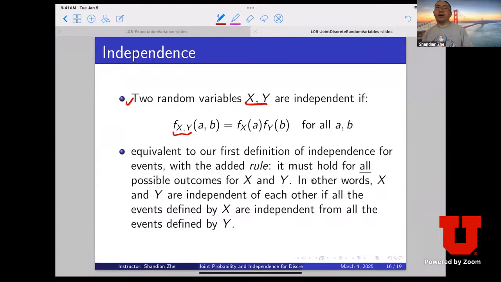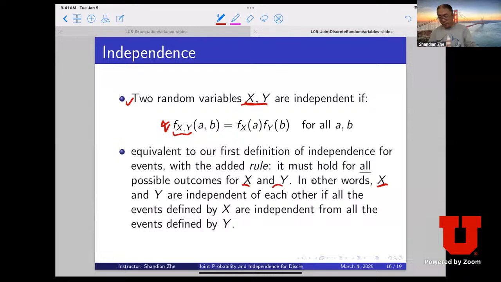So actually, there are some strong underlying connections between the two types of independence definitions, and you can show that two random variables X, Y being independent always leads to independence of random events.